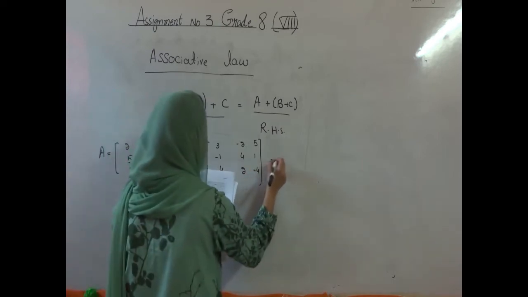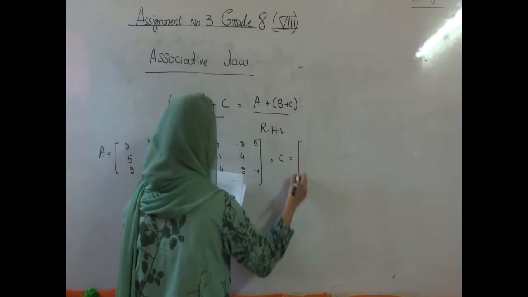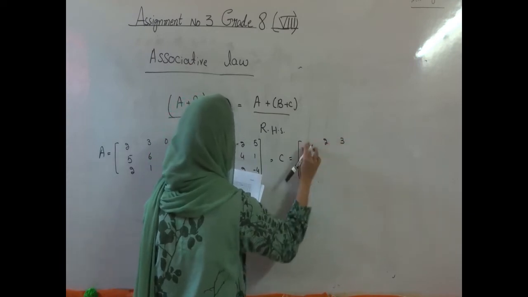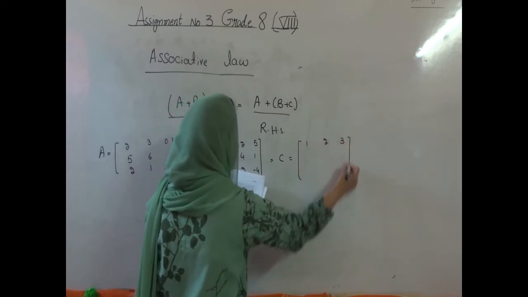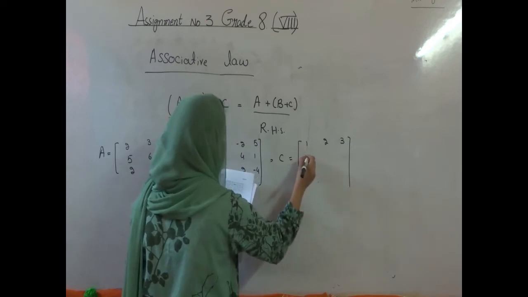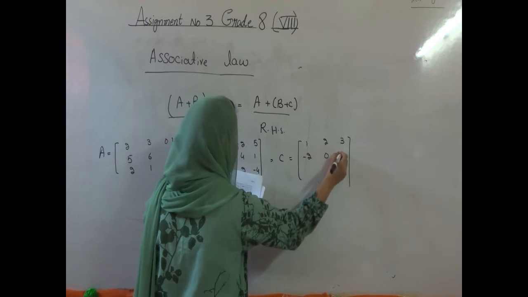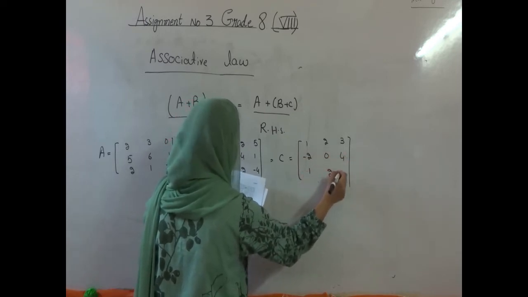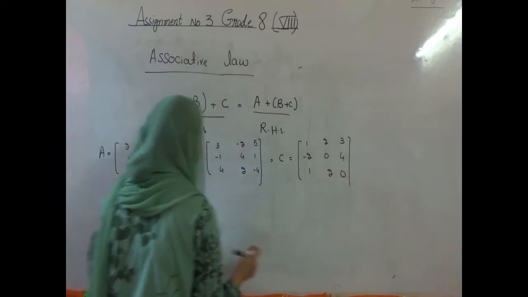And the matrix C is 1, 2, 3, minus 2, 0, 4, 2 and 0.